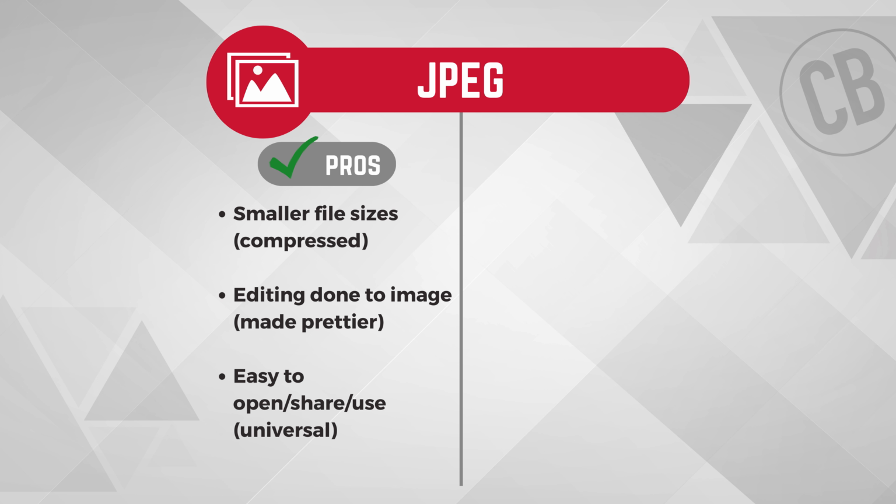Now, you can still edit a JPEG image and tweak it, but it's not going to come out completely flat. There's a little bit of work done to it to make it slightly prettier. And that can be a pro for JPEG files. Another thing is that they're easy to open and share. They're more universal. Almost any program or device can look at a JPEG image.